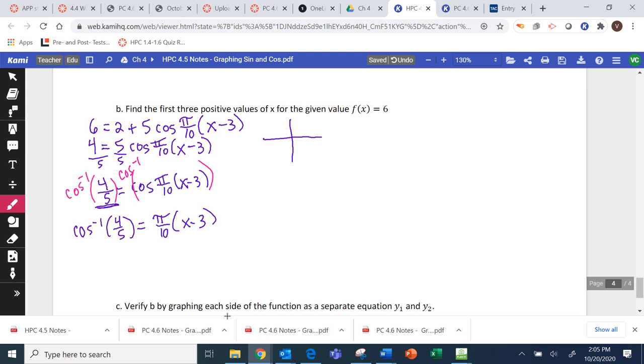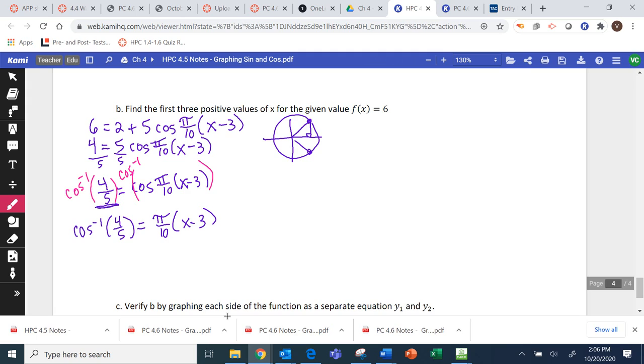I got 2 answers: an answer in the first quadrant, and then also an answer in the fourth quadrant. That's where cosine is positive. But I only got 2 answers because you were told only between 0 and 360 or 0 to 2 pi. Otherwise it could keep going around as many times as we want. I do not have a limit on how many times we're going around here.